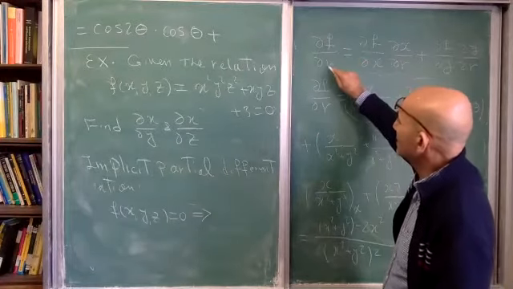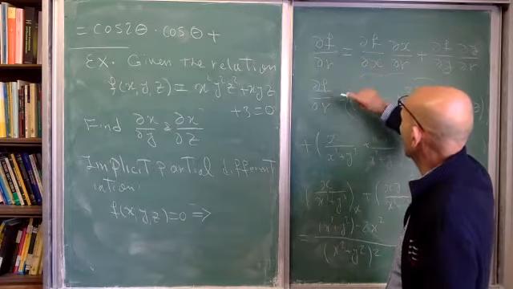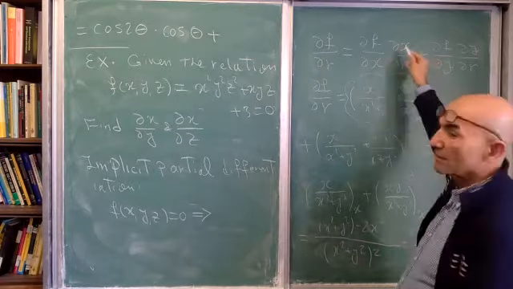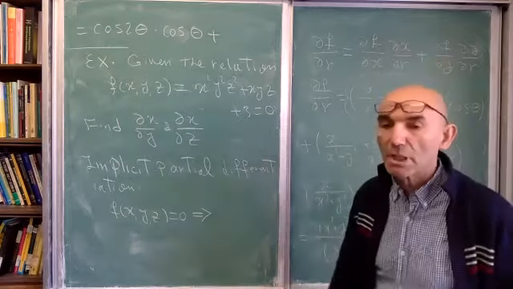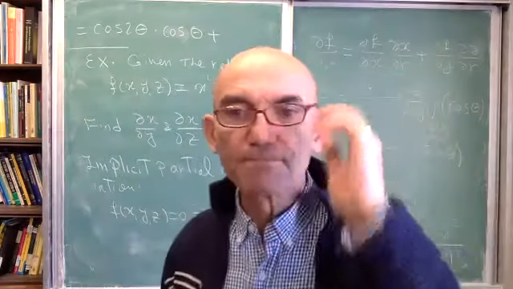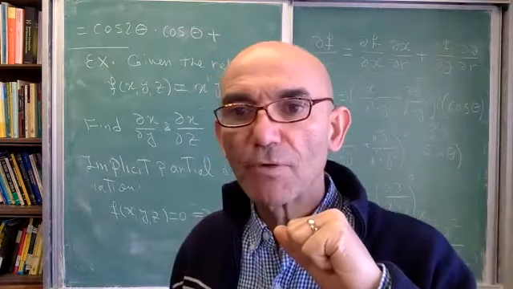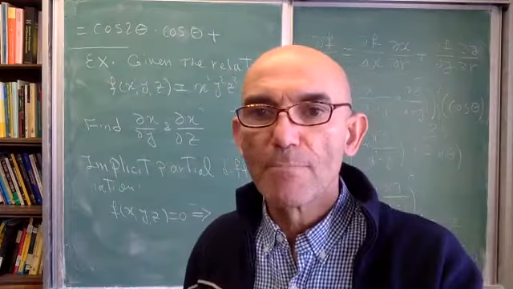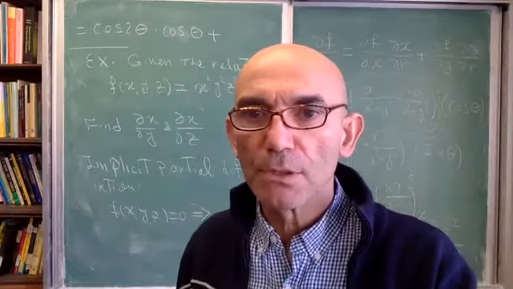F can change with respect to x, and F can change with respect to y. So you have to be aware of that. There is a proof for it in the textbook. That's also true, yes.